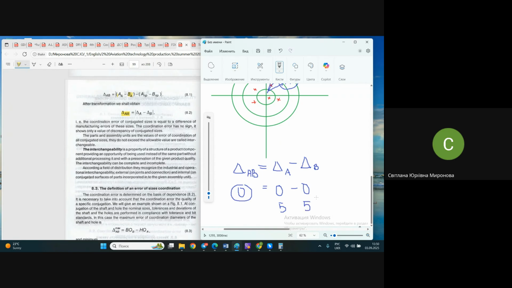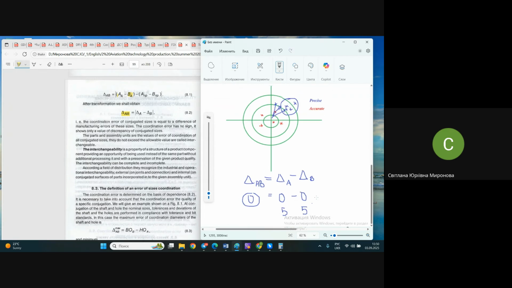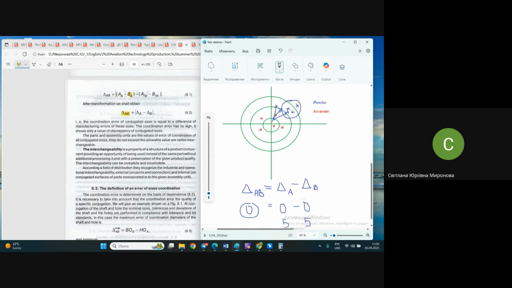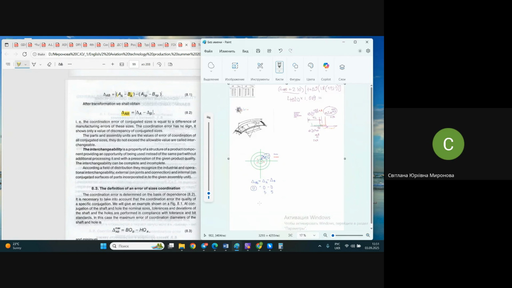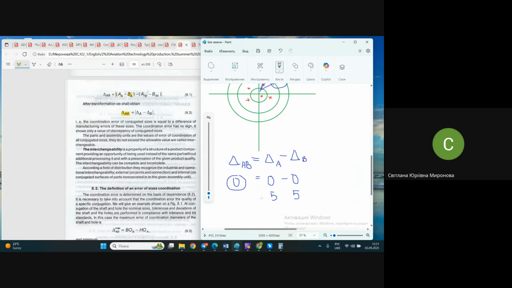What will it result in for the conjugation? Let's increase the field. You already understood what it will result in. The idea seems idiotic, but it works in life. If in a conjugation they have the same error, the final error of coordination and assemblability will be ideal, even if they have 20 and 20.